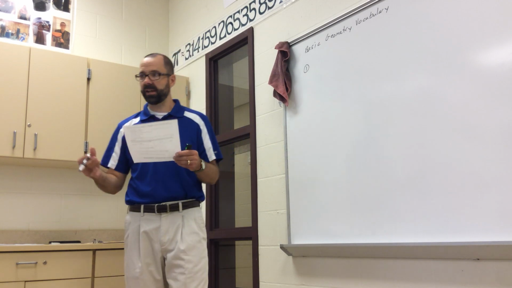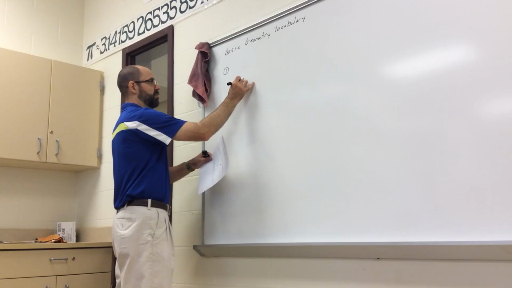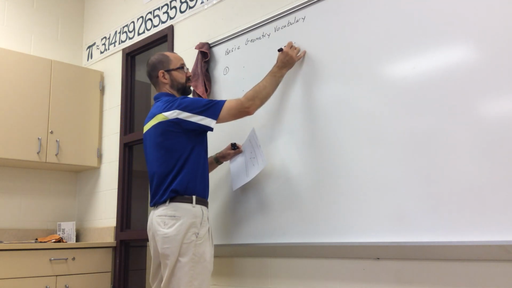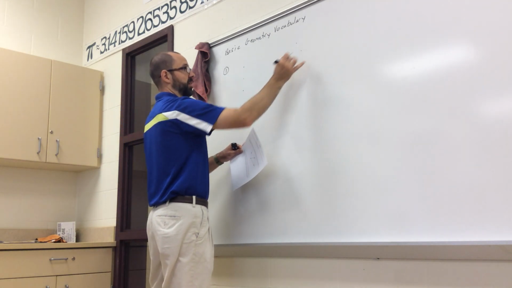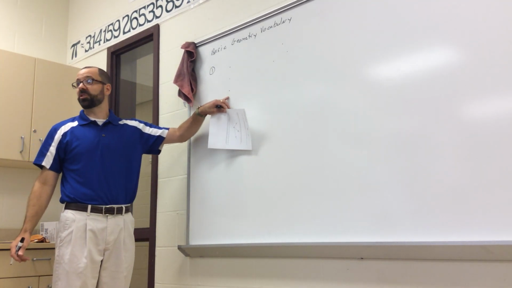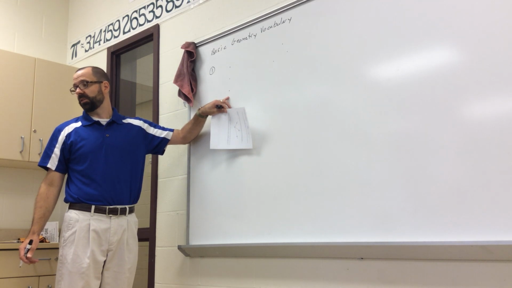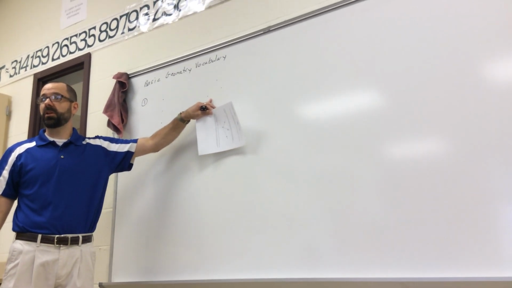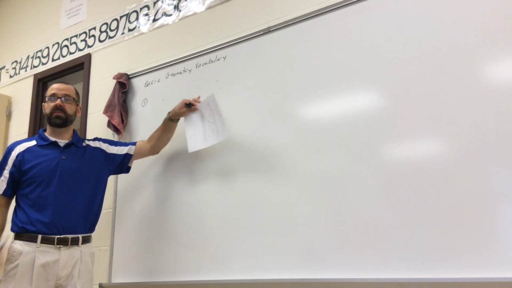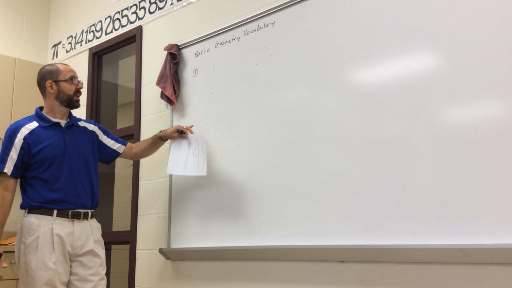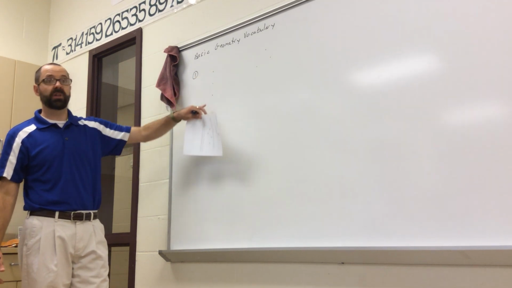In order to get at that, I want you to draw 3 points that are on the same line. And then separately, I want you to draw 3 points that are not on the same line. So these 3 points are collinear. They're on the same line. And these 3 points are not collinear, because they're not on the same line. When you name a plane, just like with an angle, you use 3 points. And you can't use these 3.